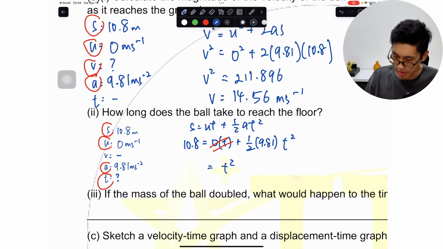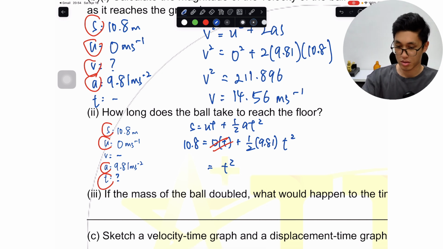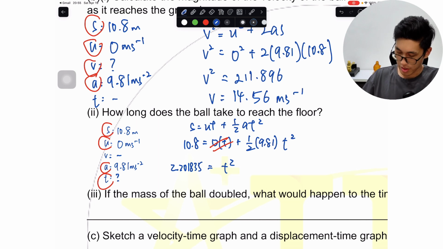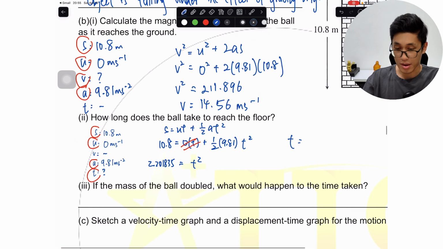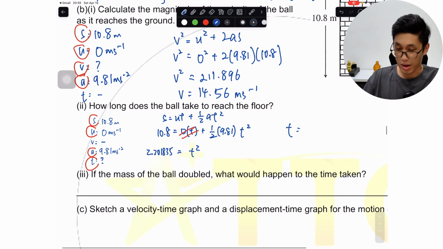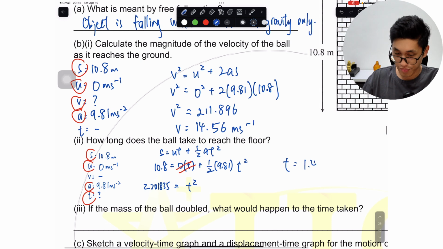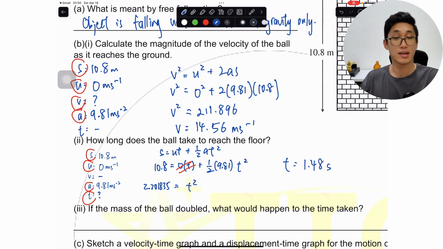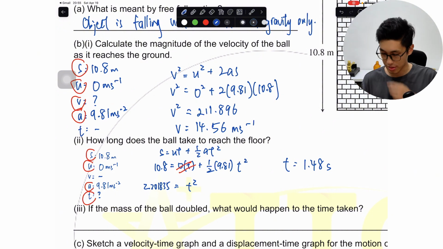So t squared equals 10.8 divided by 0.5 times 9.81, which is 2.201835. Now t, I just have to square root it, and I will get 1.484. So 1.48 seconds, of course. Everything we are using SI units, so our answers will also be in SI units. Seconds.